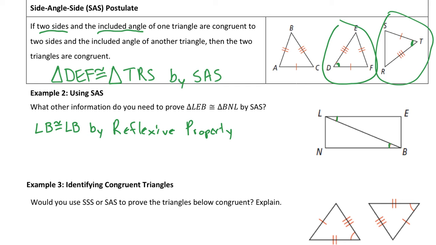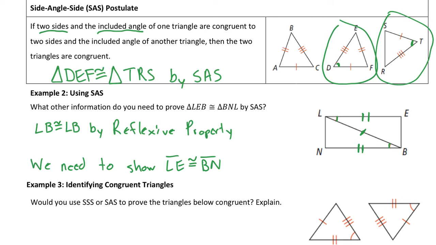So we can assume that this side is congruent to itself. The other thing we would need to prove SAS is that BN and LE are congruent. So we need to be given that segment LE is congruent to segment BN.